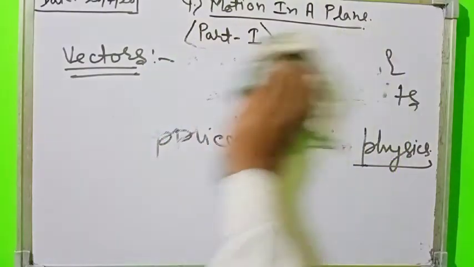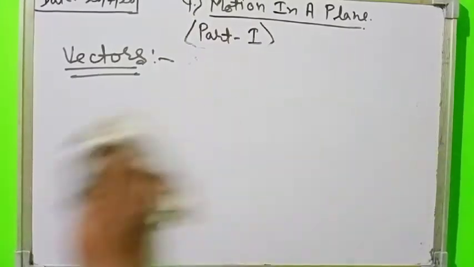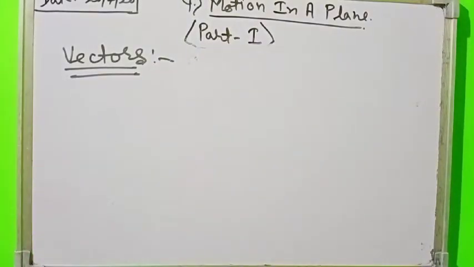Now, which physical quantities are called vectors? Vectors are those physical quantities which have, apart from the magnitude, apart from the numerical value and the unit, a direction mentioned.